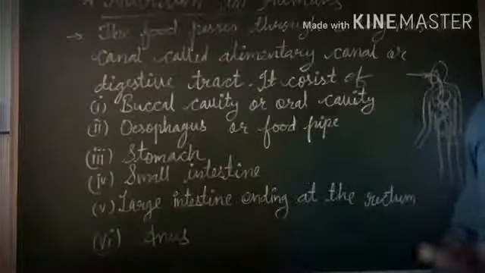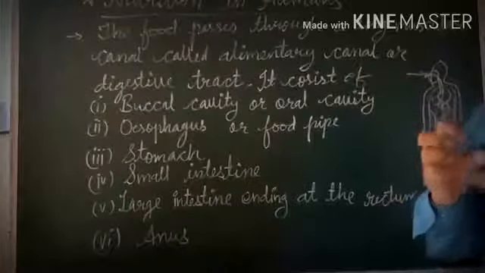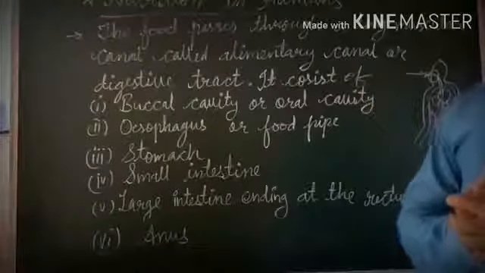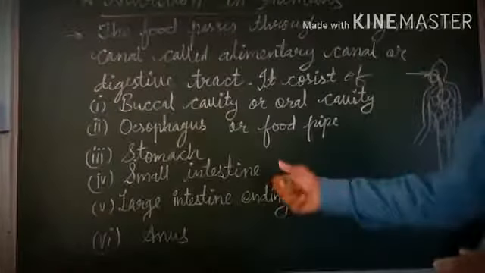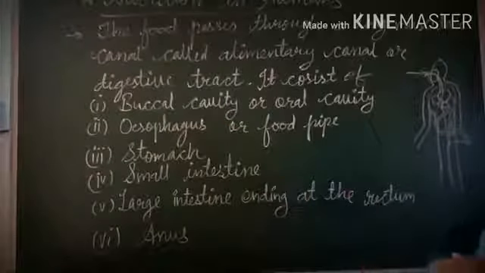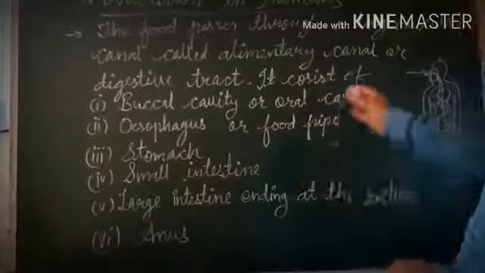Next is the stomach, where food is stored and converted into paste. In the stomach there is secretion of digestive juice. After the stomach come the small intestine, large intestine, ending at the rectum, and last the anus. These are the main organs.